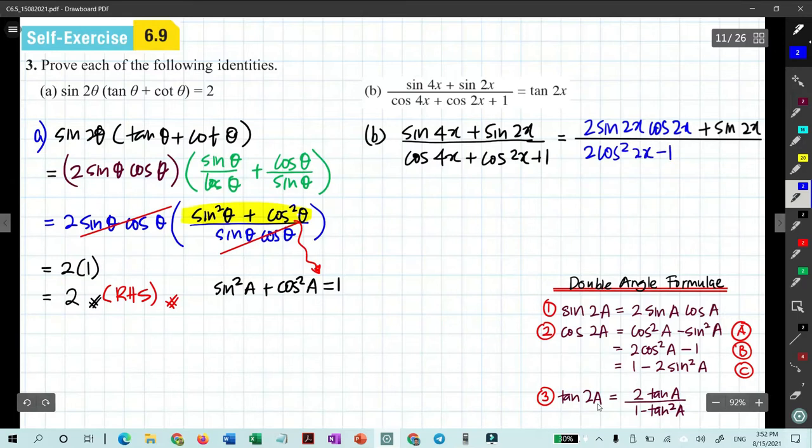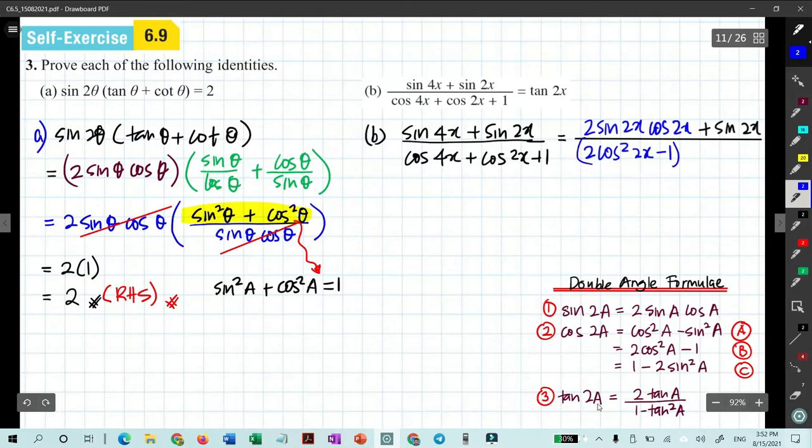Okay, the reason why I use formula number 2 option B is I want to eliminate this 1 from the denominator. Okay, so in order to eliminate the plus 1, you need a minus 1 at the denominator.